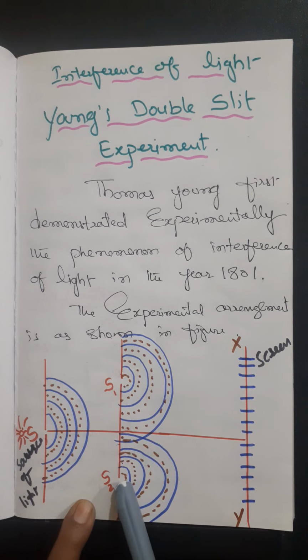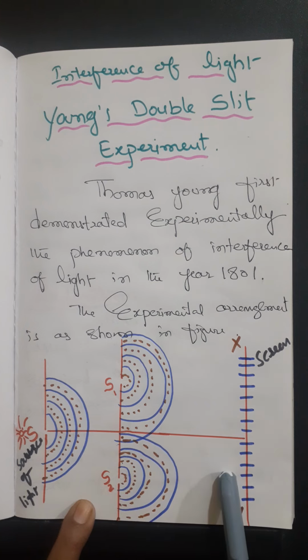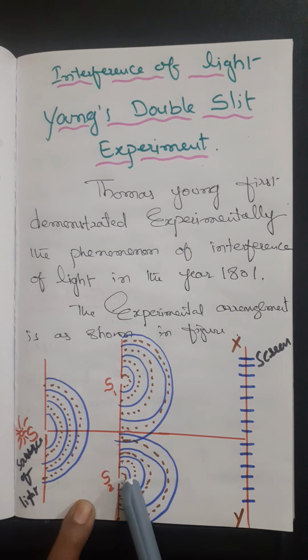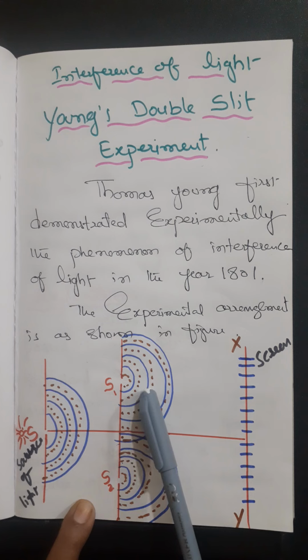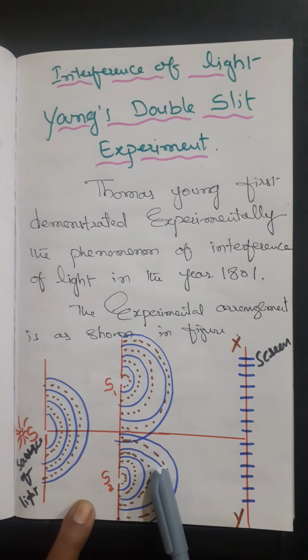Again these light rays travel in the forward direction, and the light rays coming from S2, as the radii of these spherical light rays increase, will be superimposed on the light rays of S1, and the S1 light rays, whose radii also increase, will be superimposed on S2.